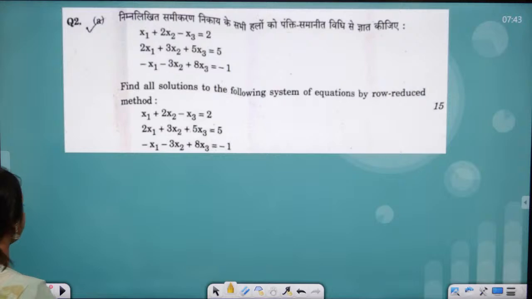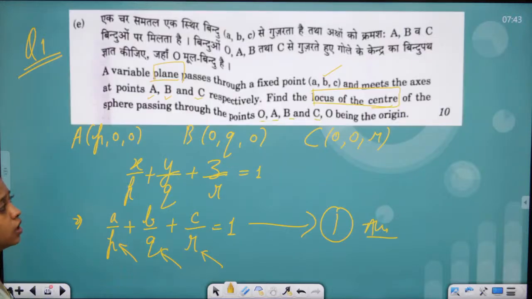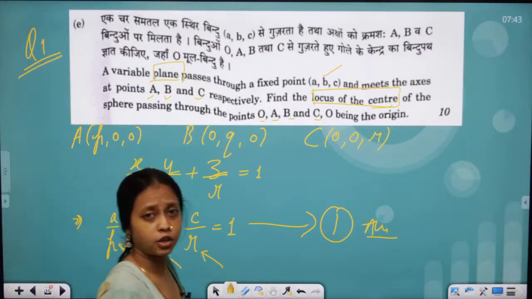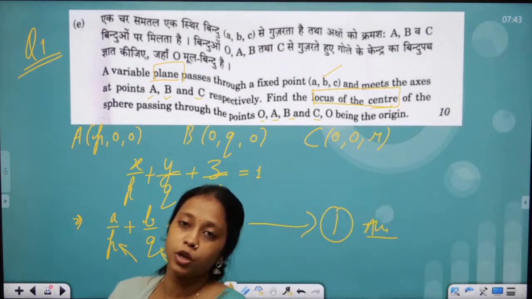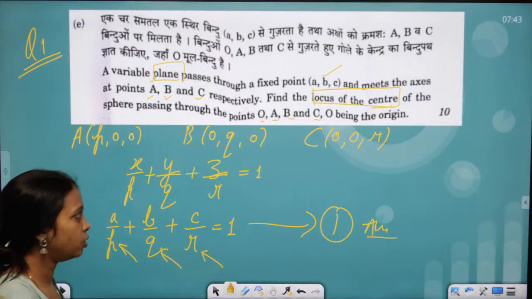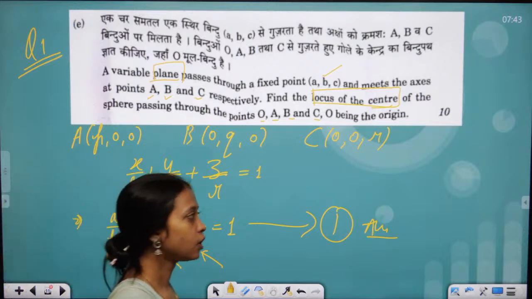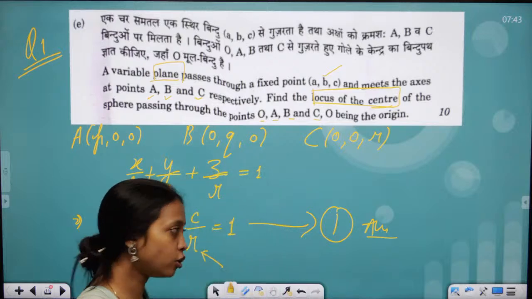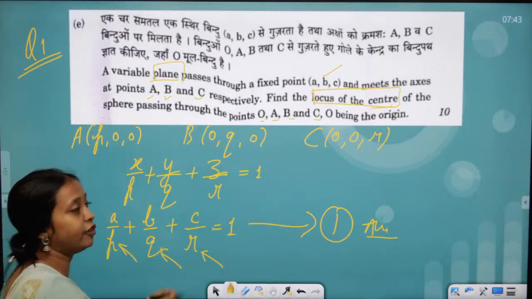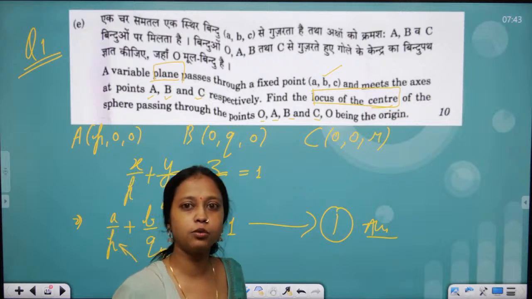So I don't think this was a very difficult question. Not a very difficult question. See, even the topics that you are not very familiar with, and this is not your strong part, in those portions also the questions can be easy. Now I am not saying the questions can't be difficult from that portion. So you have to leave that.